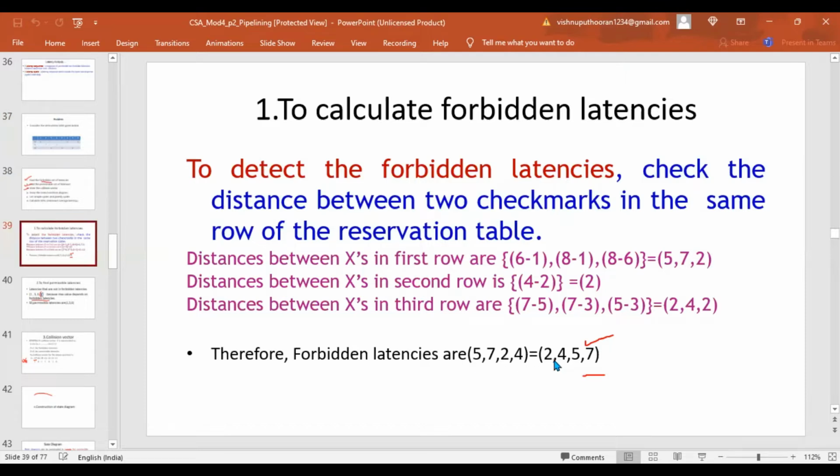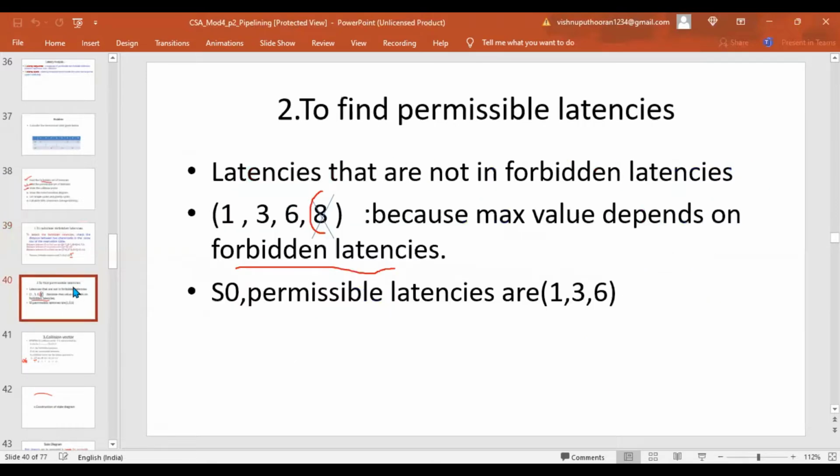Our forbidden latency is 2, 4, 5, and 7. Then our permissible latencies will be 1, 3, 6, and 8. 8 will not be there because the maximum value of forbidden latency is 7. Hence, the permissible latency must be less than 7. So, our permissible latencies will be 1, 3, and 6.